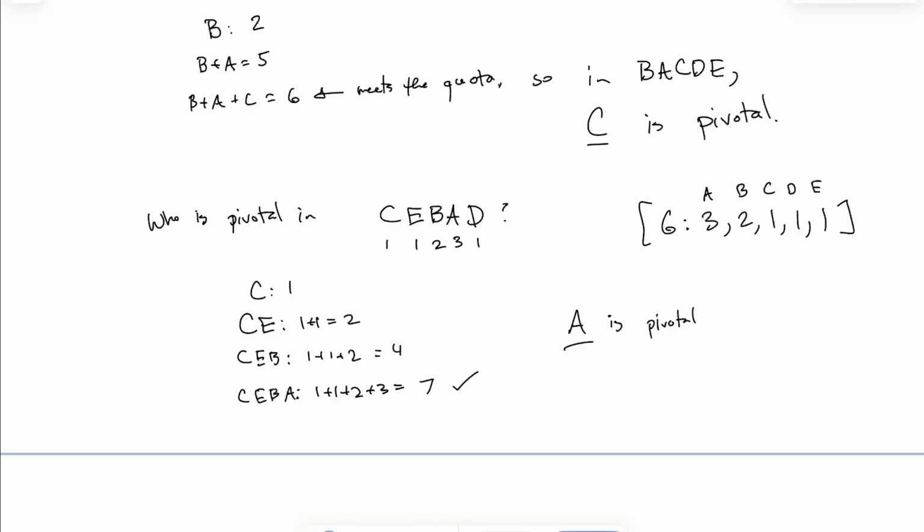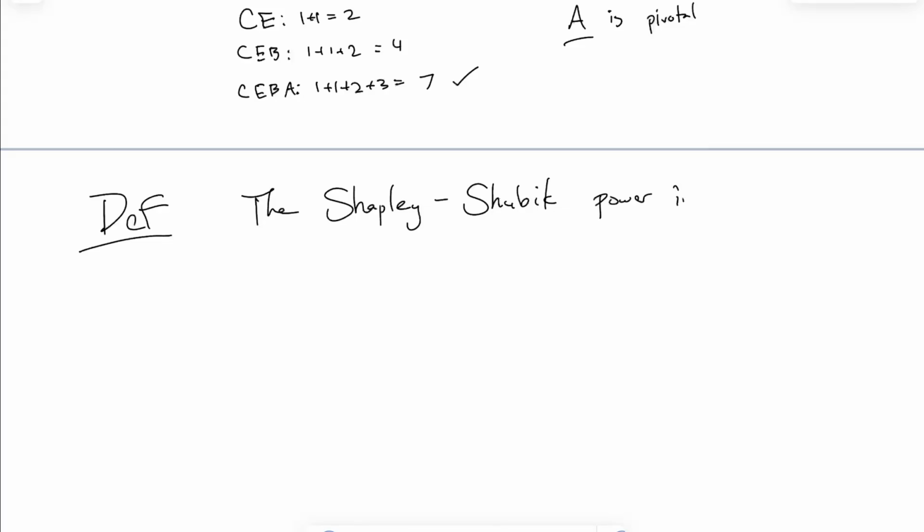All right? Okay, so anyway, let's talk about how you actually, what is the Shapley-Shubik? So here I'll write this as a little definition. This is the Shapley-Shubik power index. It is of a particular voter the fraction.